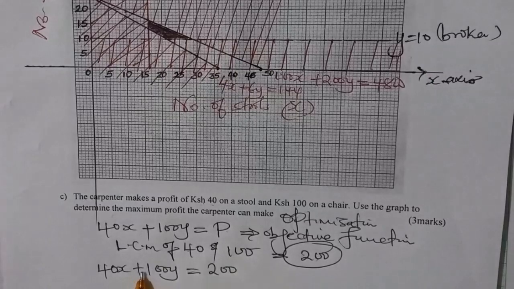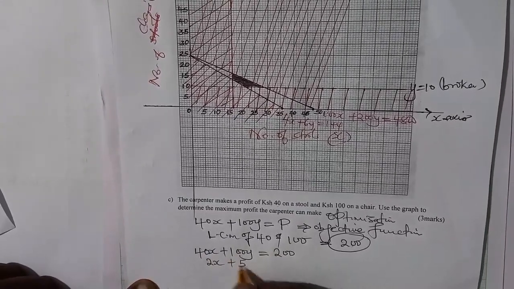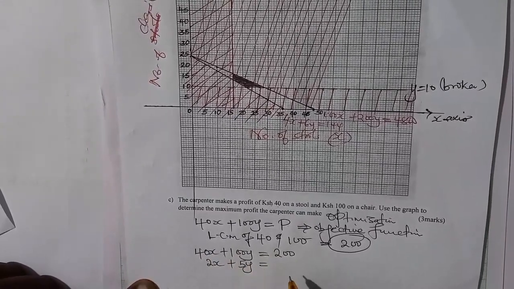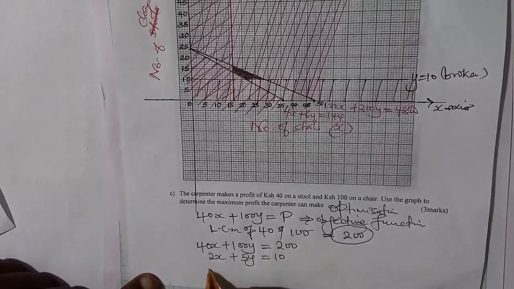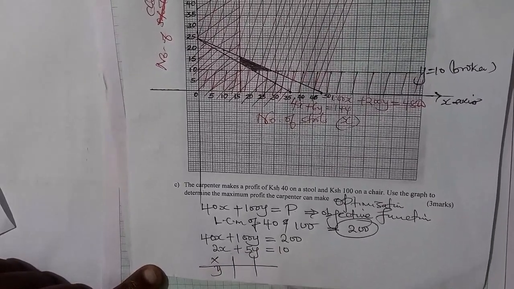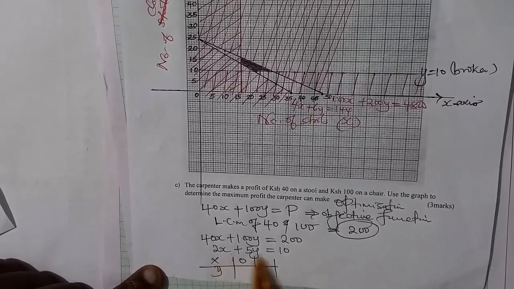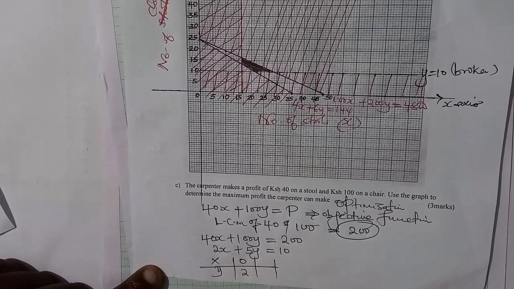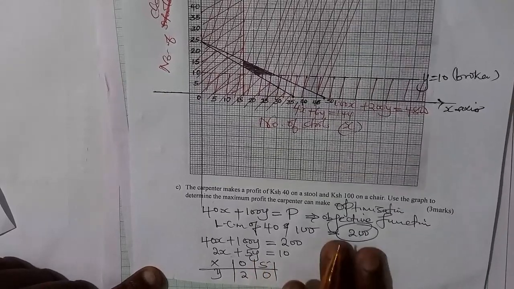I can divide everything all through by 20, and here you shall have 2x plus 5y equals 10. So you draw this line. You simply require at least 2 points. When x is 0, y will be 2. Then when y is 0, x will be 5. Those points are enough, so let me plot them.